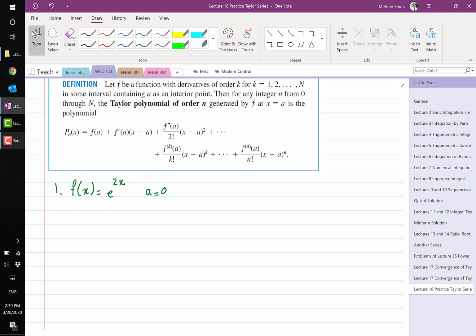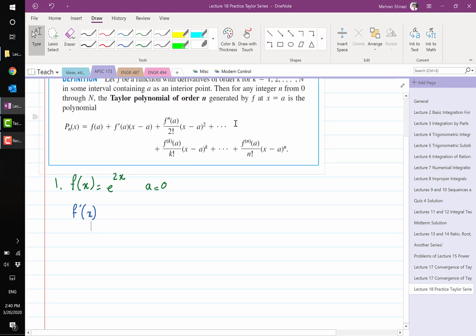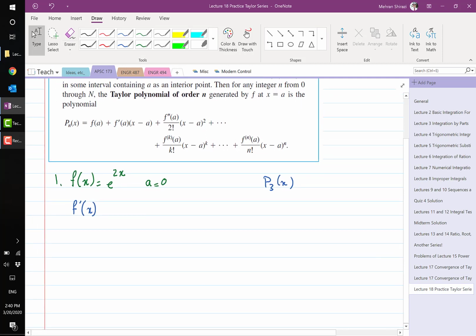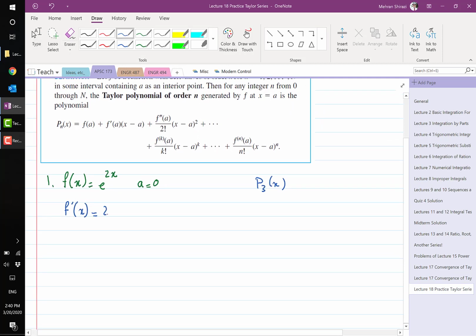We have f. We need the derivative. Why do we need the derivative? Because f prime of a is necessary, and also second order, and also the third one, because we are going to go up to P3 in these questions. F prime of e to the power of 2x is easily found. It's 2 times e to the power of 2x.